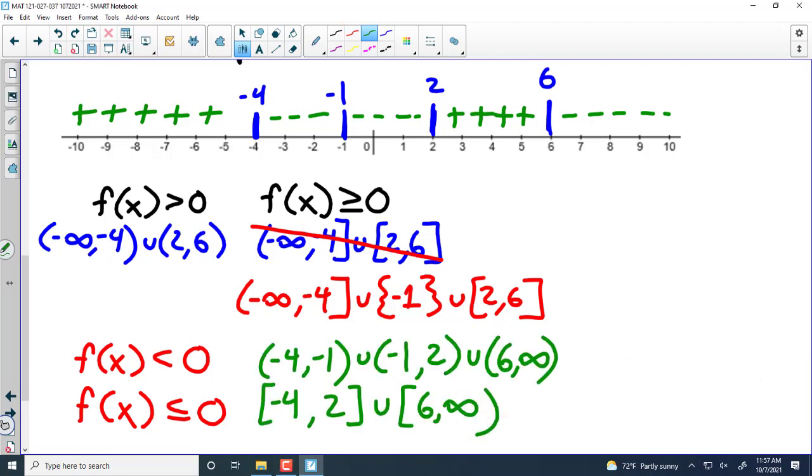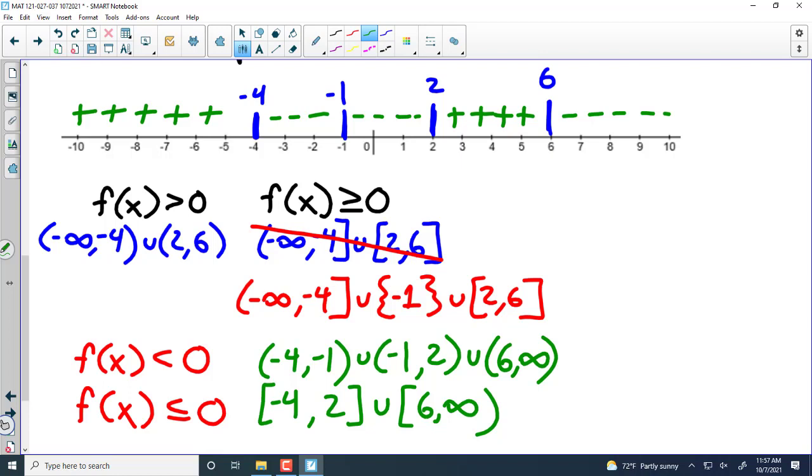So for below, we just want where the negative signs are, but we can't put in where the actual x-intercepts are. Which is why when I'm just doing below, I have to make sure I jump over that -1, because at -1, I'm not below the x-axis, I am touching the x-axis. So I have to do -4 to -1, -1 to 2, and 6 to infinity.